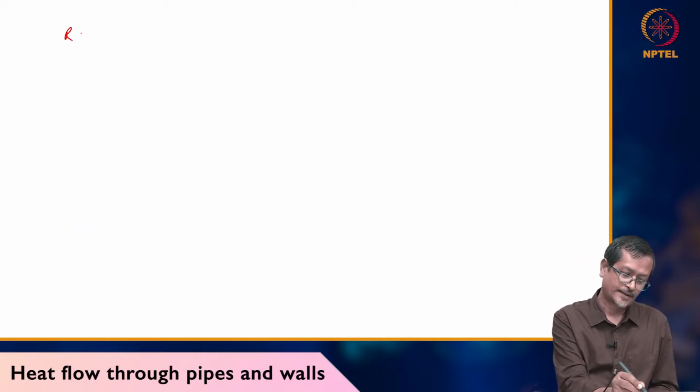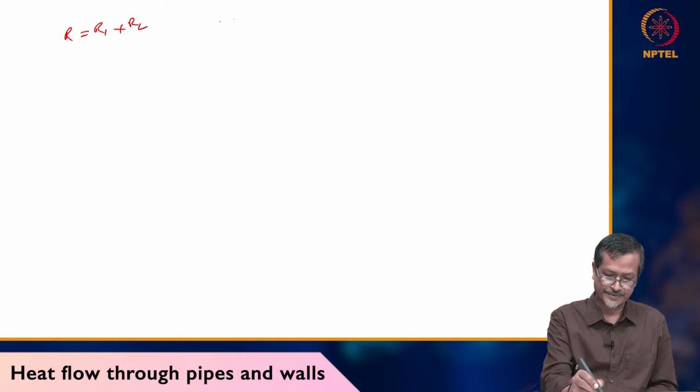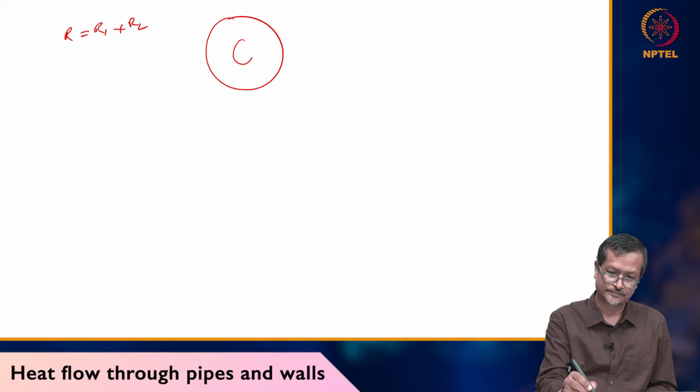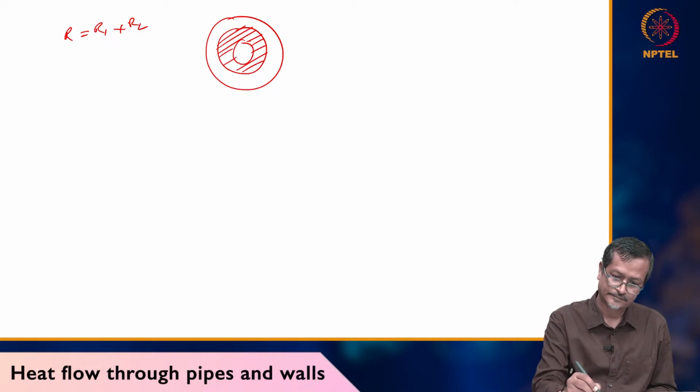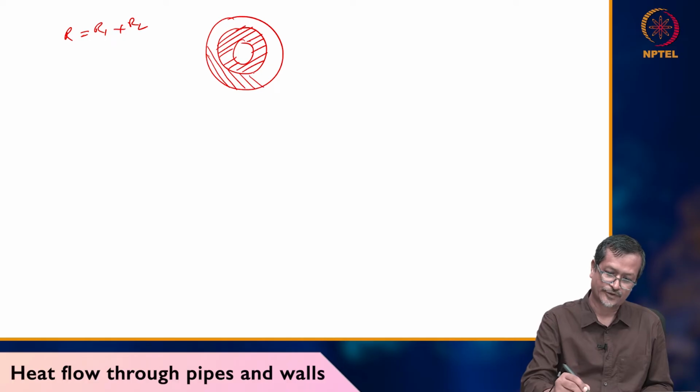Now R equals R1 plus R2. So if I have two pipes, I'll give different shading so that there will be no confusion.